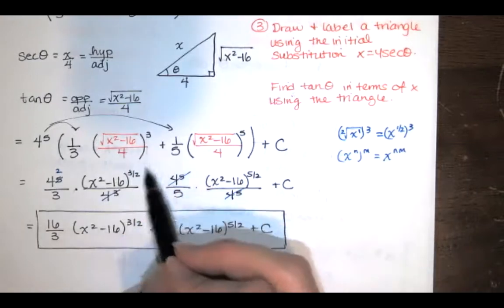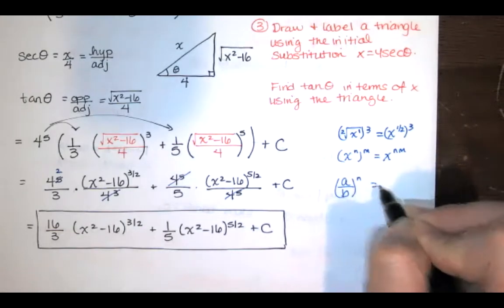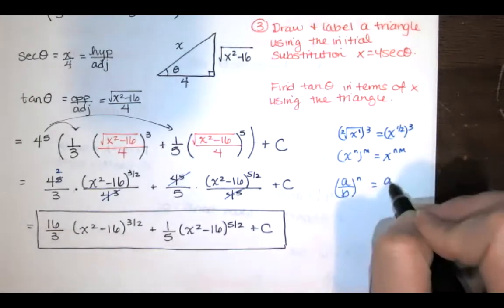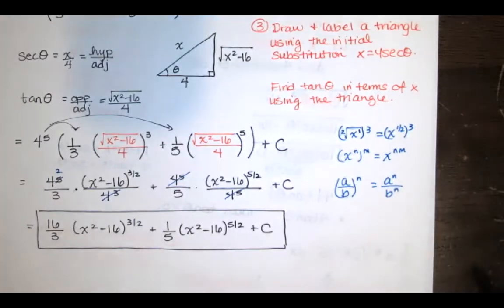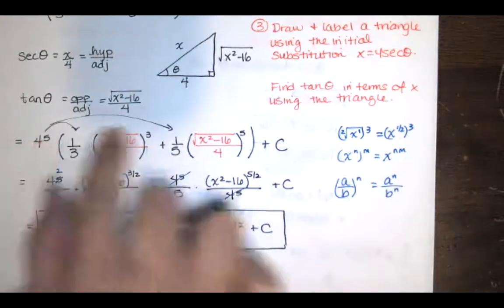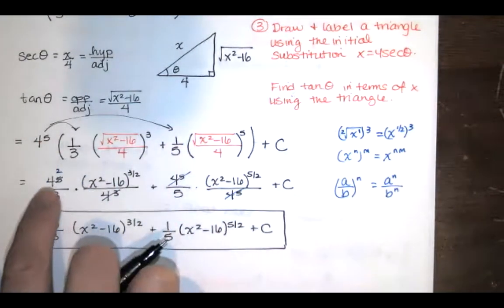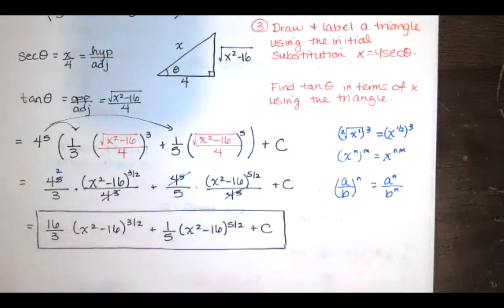Now for these 4's that are in the denominator, we just use this fact. If you've got a fraction raised to a power, you can raise the numerator to that power and the denominator to that power, and it's the same thing. That's what we did there. And we also distributed that 4 to the 5th to both terms. That way, the 4 to the 5th would reduce with some of those 4's there.